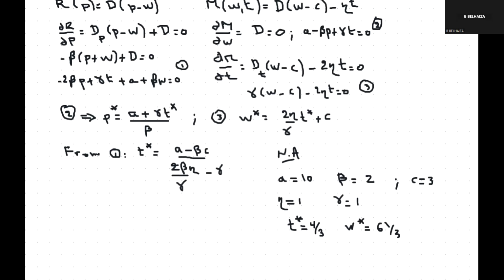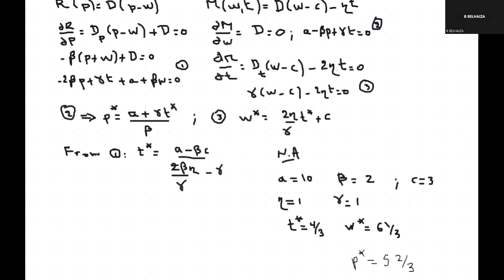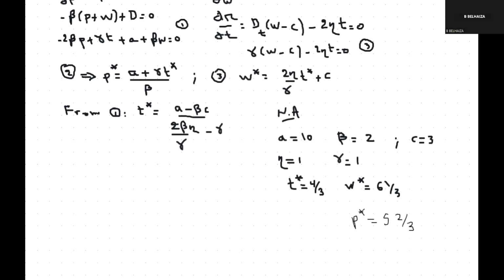And we found that T star was equal to 4 over 3, W star was equal to 6 and 1 over 3, and P star was equal to, I think, 5 and 2 over 3. And you will have to criticize this. This is what would be the solution to our game. So that's it for the solution of this game, in fact.